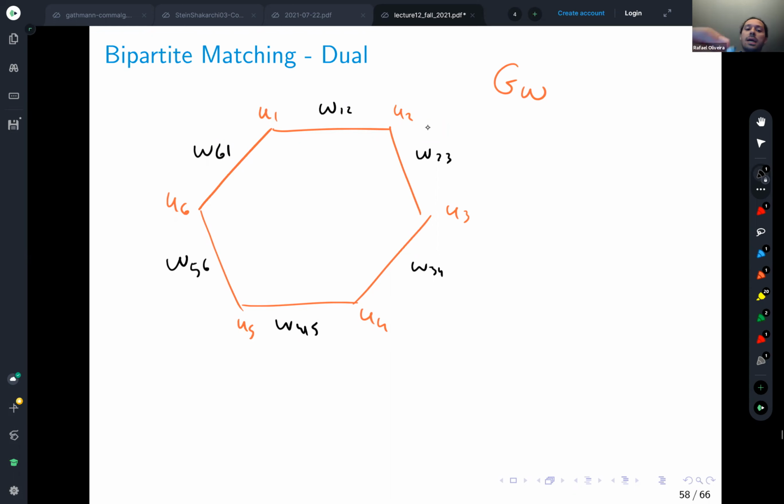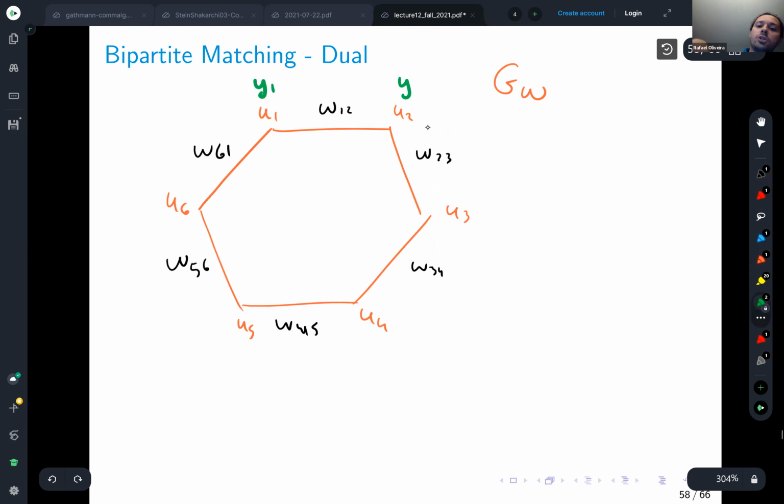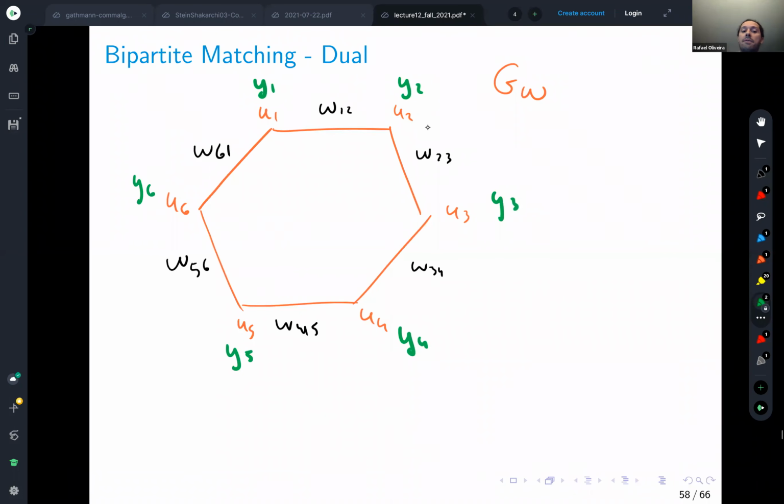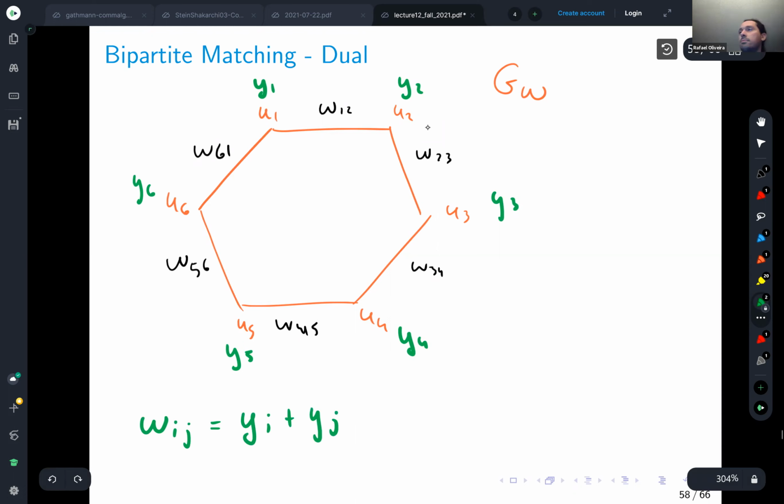In the dual, we have the variables y1, y2, y3, y4, y5, y6. If those edges appear in GW, it means that x_e is different from 0, which means that w_ij is equal to y_i plus y_j, by complementary slackness.